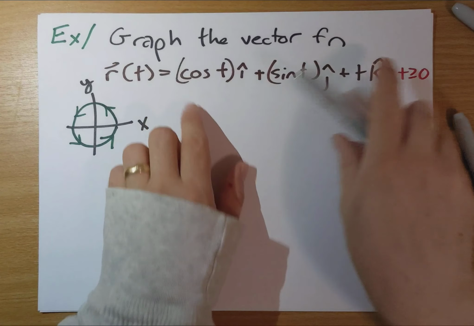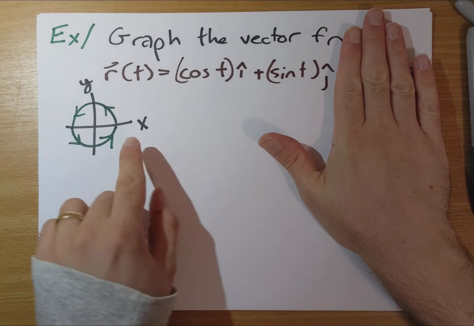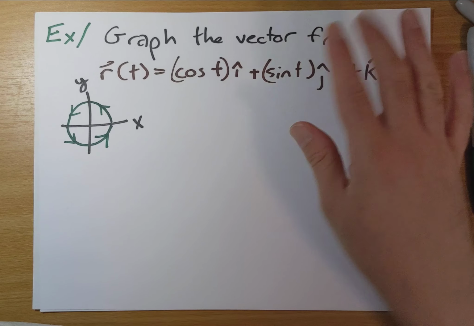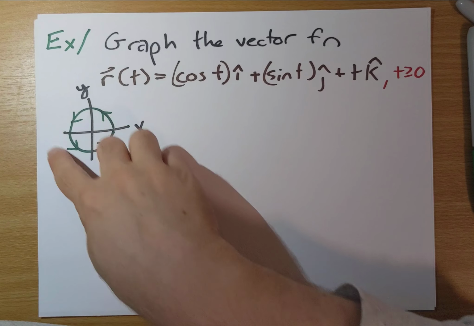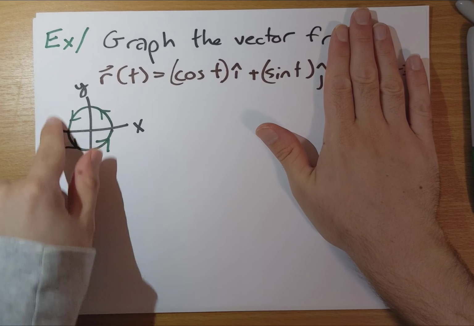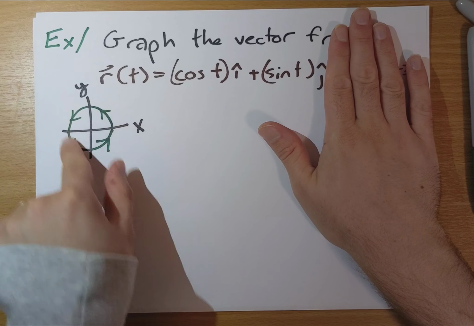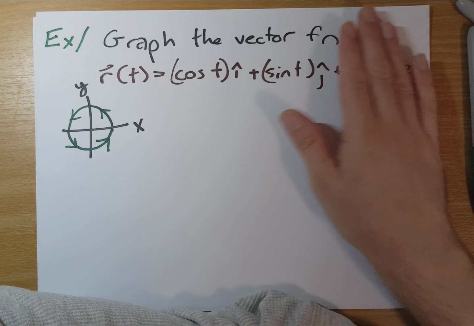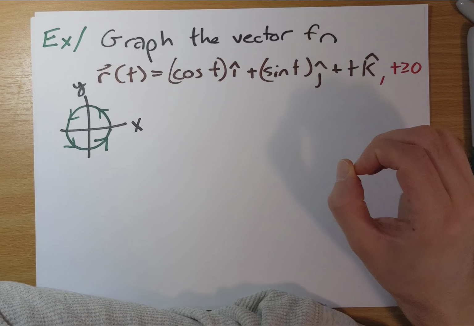This is a parameterization of a circle. If we just look at these two things, we're looping around in a circle in the xy plane. So that's what this would be if the k hat component were 0.